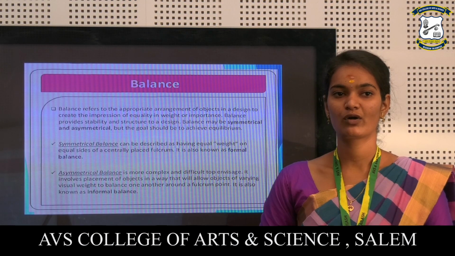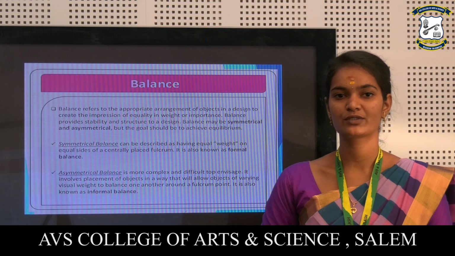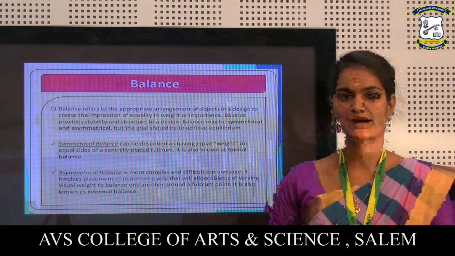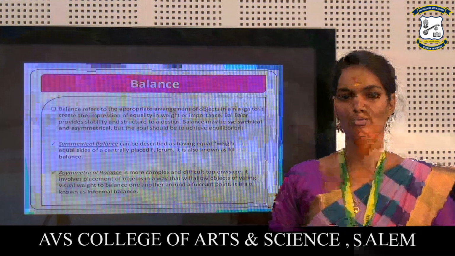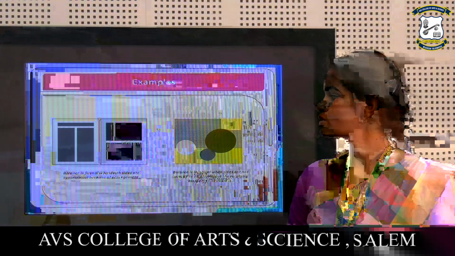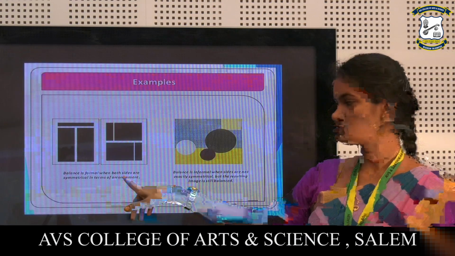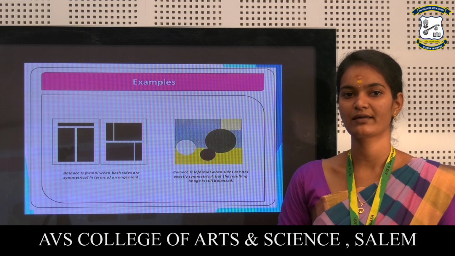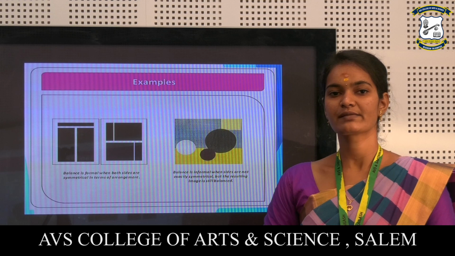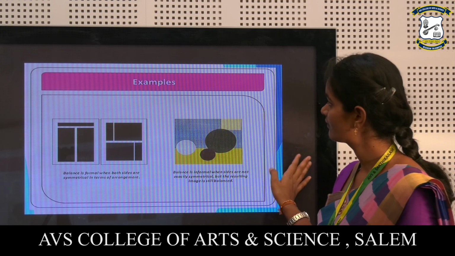It is the placement of objects in a way that allows visual weights to balance one another around a central axis. It is also known as informal balance. These are examples. Balance is formal when both sides are symmetrical in terms of arrangement. Balance is informal when the sides are not exactly symmetrical, but the resulting image is still balanced.